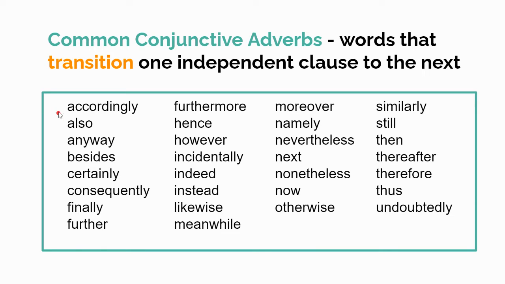You can also put a period in front of it and start a new sentence with your transition word. It doesn't have to be a semicolon situation, but it can be. So this is a nice list to know where it is. You might want to copy and paste that into your notes somewhere, or you might want to just remember where it is so you can look it up later.